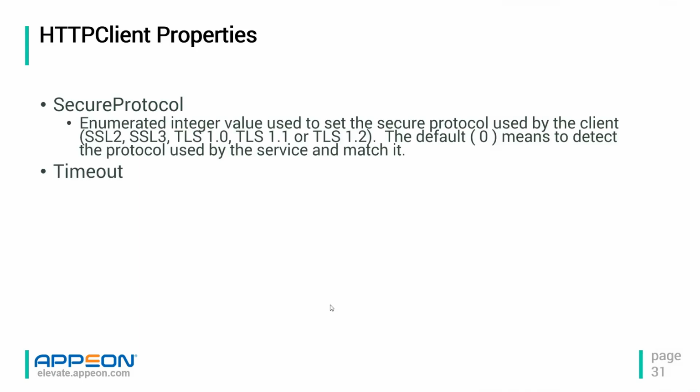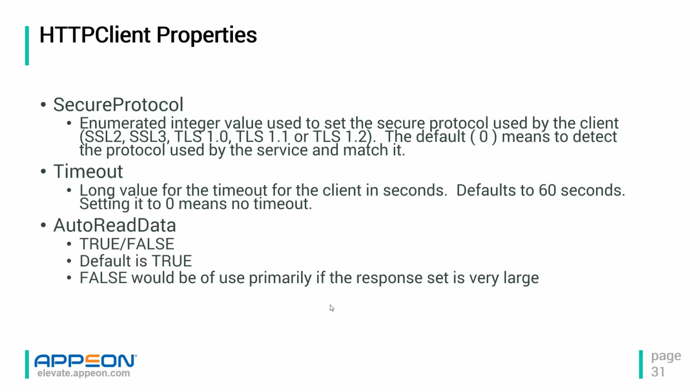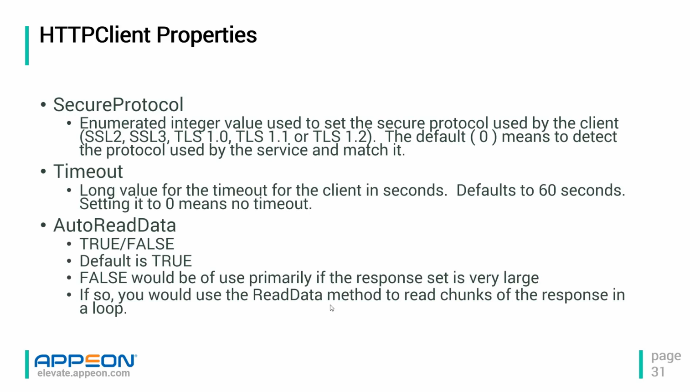Okay, so there are some properties on the HTTP client. A couple of these we already handled when we talked about the REST client, particularly secure protocol and timeout. There are a couple more options here, and what this is for is if you're doing a large data set, you can basically paginate through the data.